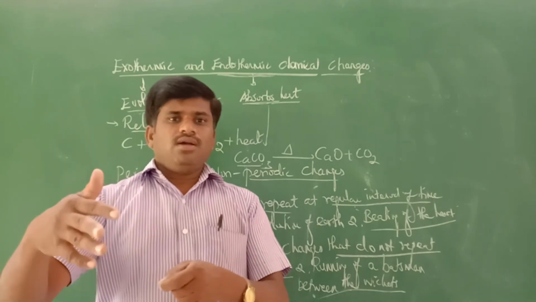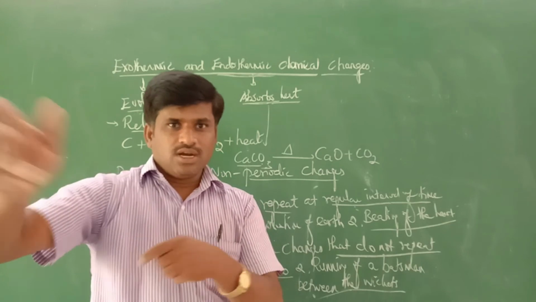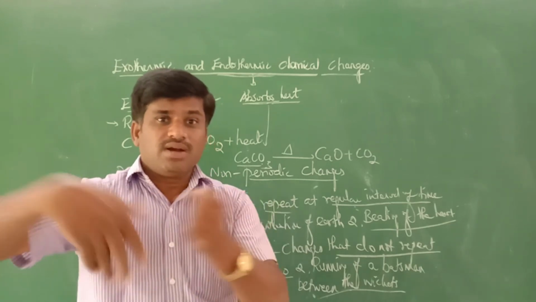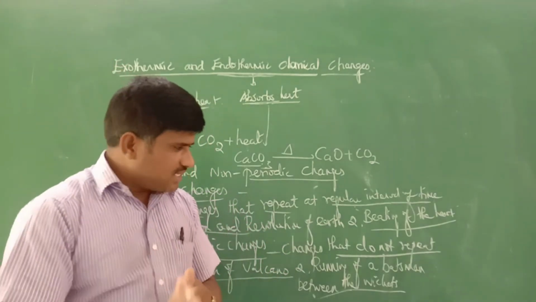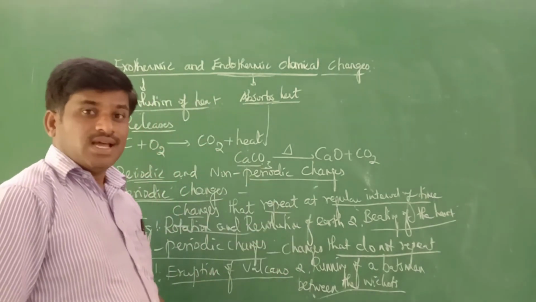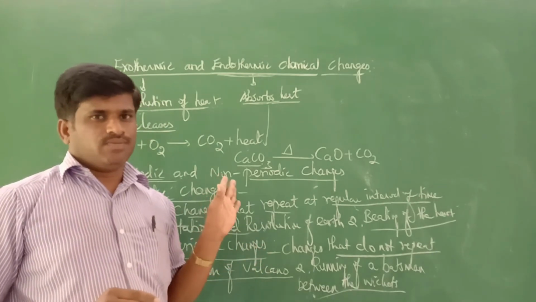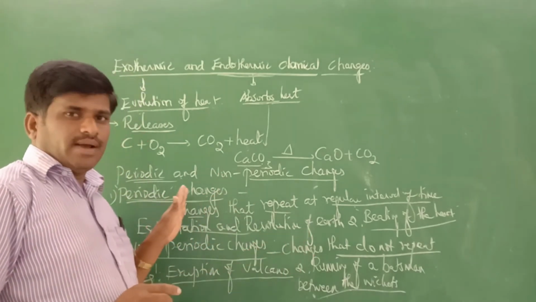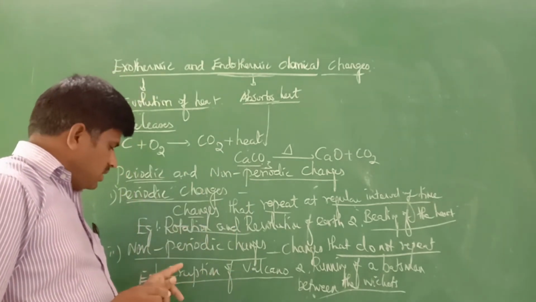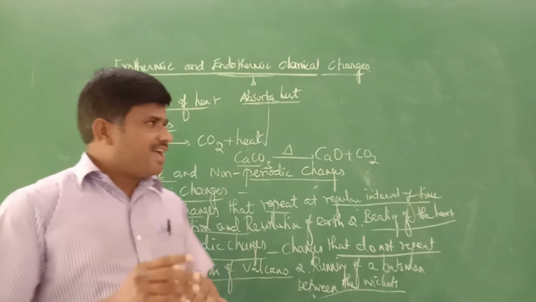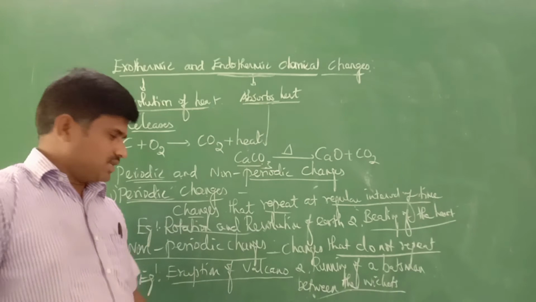While hitting the ball, he wants to run 2 times in between the wickets. So that's called 2 runs. These changes are called non-periodic changes. At regular interval of time, the changes do not repeat. Such changes are non-periodic. Examples: eruption of volcanoes and running of a batsman between the 2 wickets. This is a very good example.